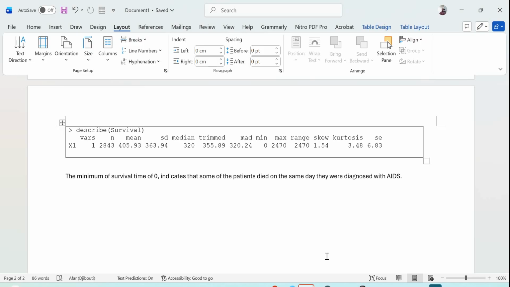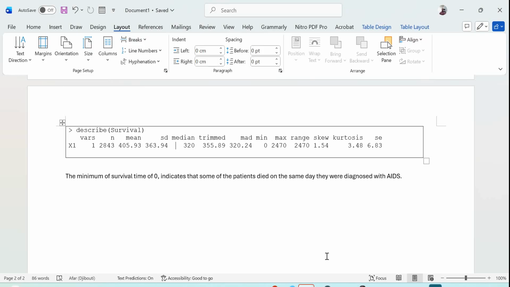That's why it's stretching to the right. Then what it means is that most patients survive a short period, and a few survive long, and their survival time will pull the mean towards itself. That's why the mean is larger than the median. It is right skewed, and you see the skewness is positive.